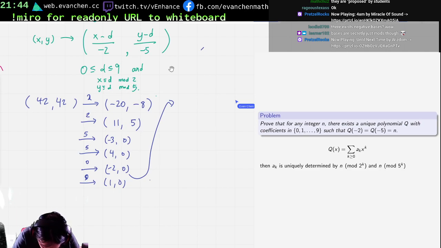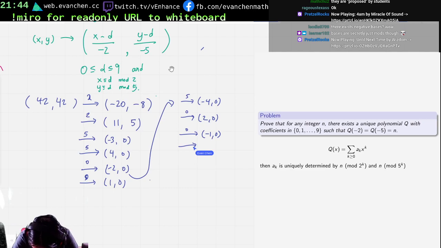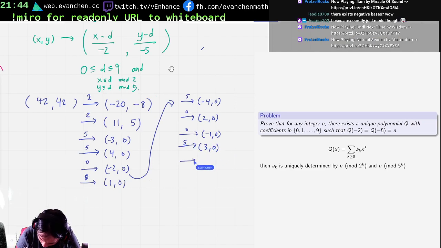So now we're subtracting an odd. Okay, so it's -4, 0. And now 0, 2, 0, 0, -1, 0. Five, 3, 0. Wait, why isn't this terminating? This should terminate, right? Did I mess something up? I feel like something's wrong.